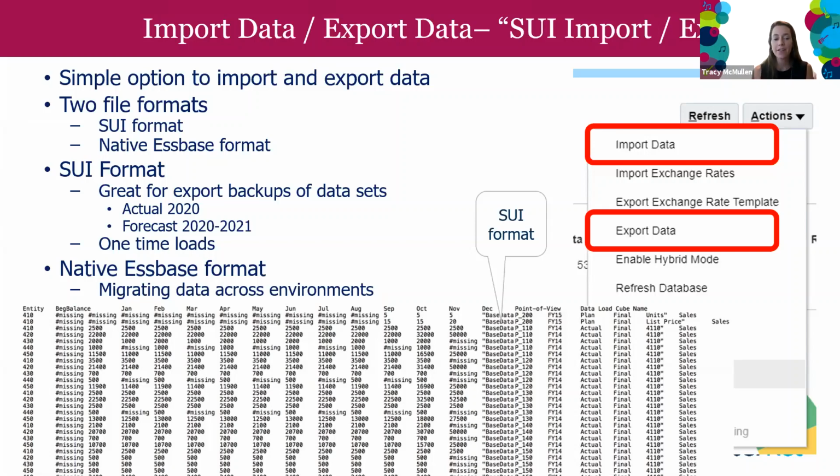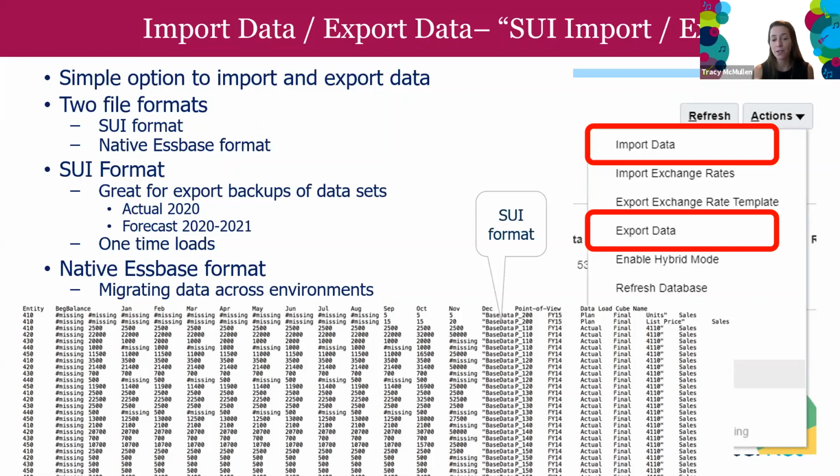What we do for customers is set up jobs that run these data set exports, so if you ever needed to recover, it's in a really easy format. Let's say somebody accidentally cleared out actuals. Not a problem.